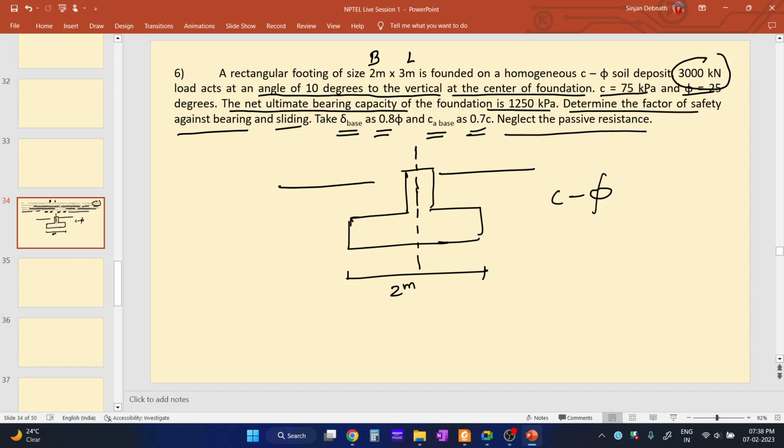So if this is the center of foundation, the load is acting like this, okay? P is 3000 kilonewton at an angle of 10 degrees to the vertical. This angle is 10 degrees, so alpha is equal to 10 degrees.